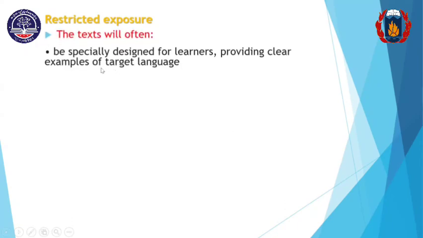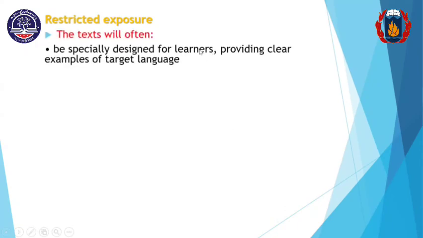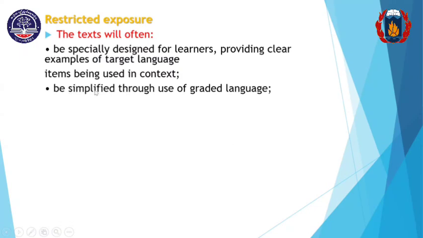And restricted exposure means the task will often include all the learner, providing clear examples of the target language and the items being used in context, simplified through use of graded language.